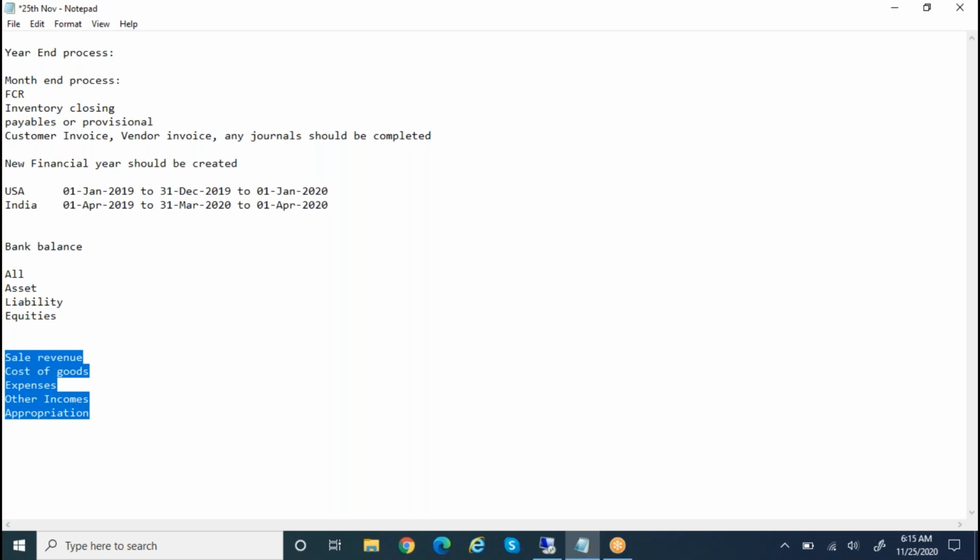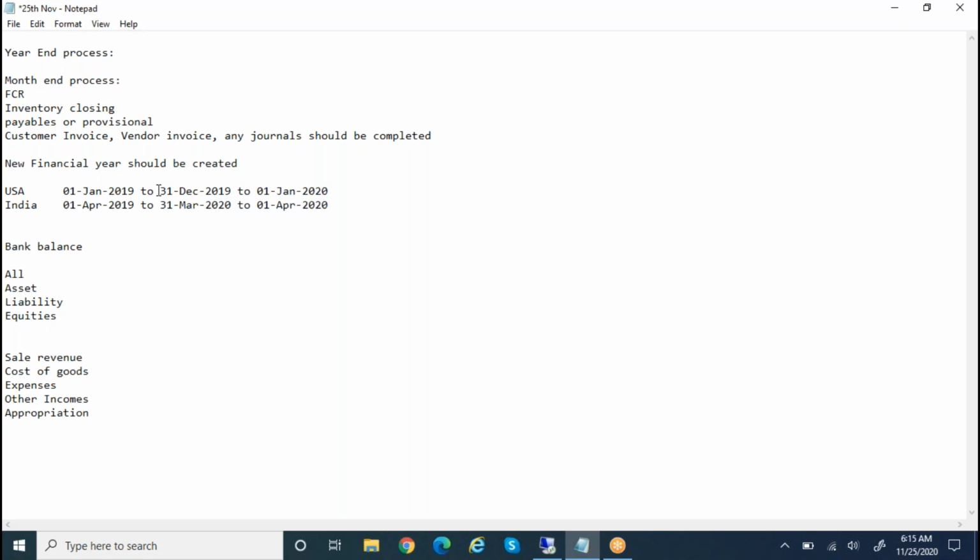What does it mean? Suppose there is a travel expenditure. The travel expenditure will not be transferred from this to this. It will become an opening balance of zero only.